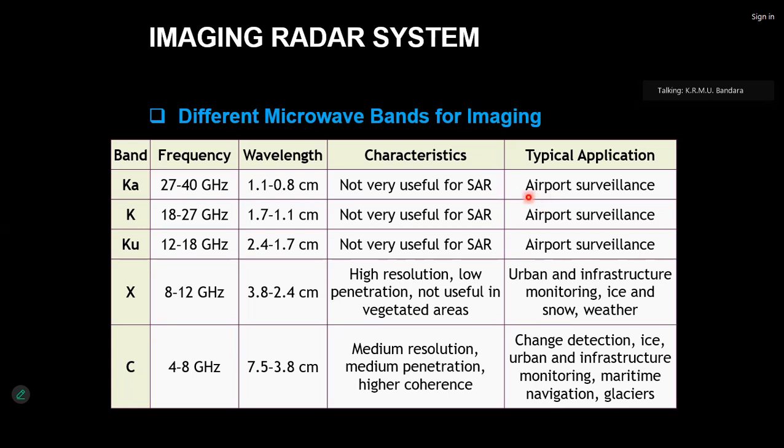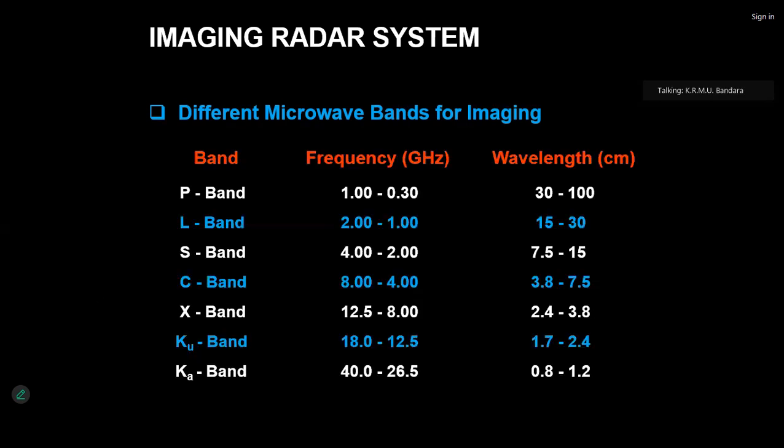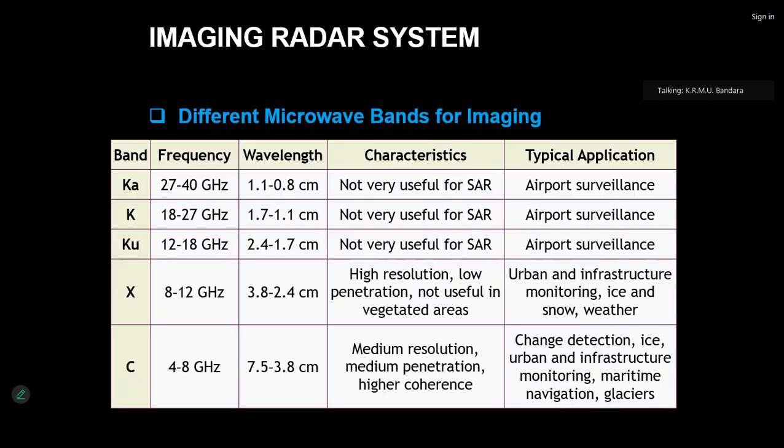Therefore, for airport surveillance they use the K-band, the intermediate K-band. This is 18 to 26.5, the intermediate K-band. Because the full K-band is divided into three categories: Ka, 27 to 40, 26.5 to 40.